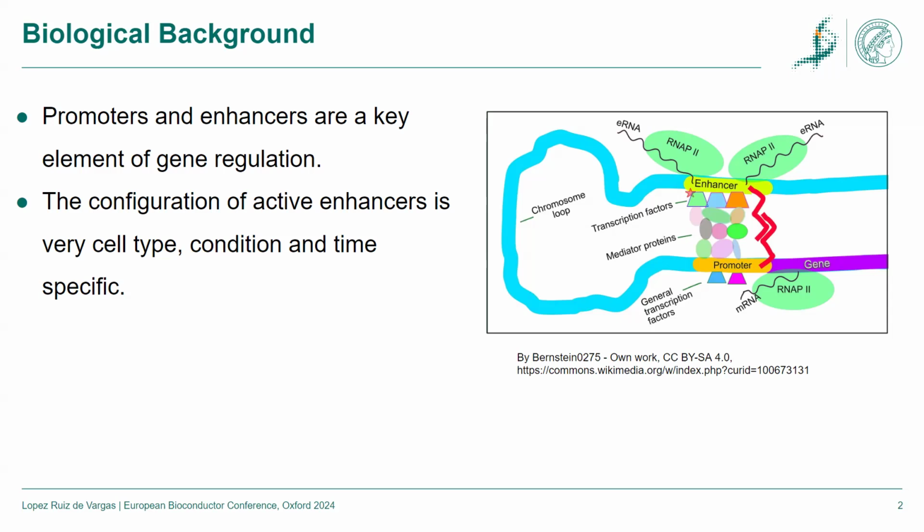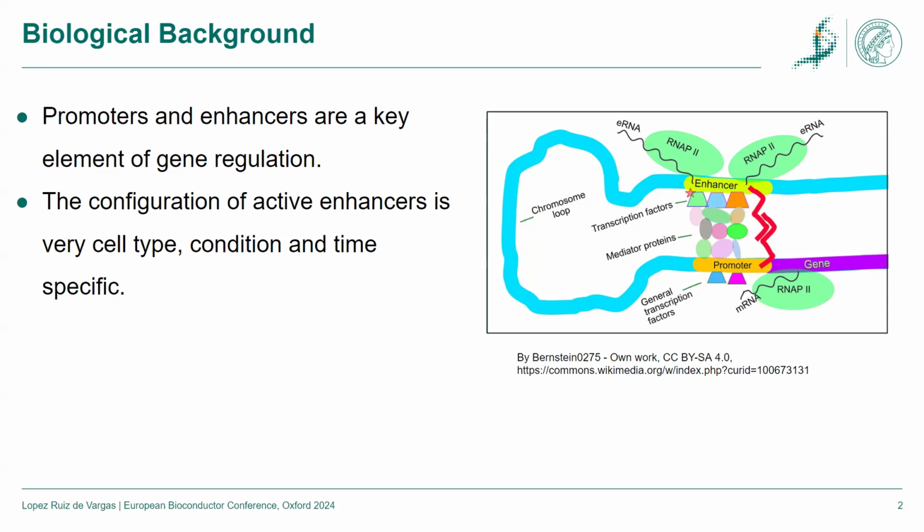Figuring out which gene is being activated by which enhancer is hard, because one gene can be regulated by multiple enhancers, and also the other way around. An enhancer can be activating multiple genes, and these are quite complex relationships.